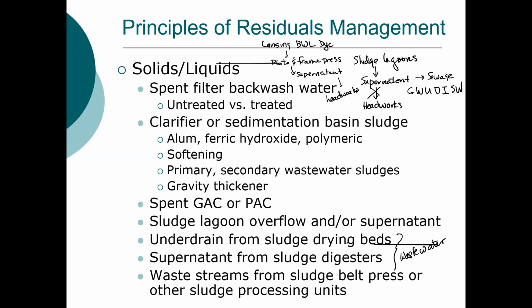Then through plate and frame filter presses to dewater the sludge. So what's the difference between the Lansing Dye water plant and the East Lansing Meridian Township water treatment plant?